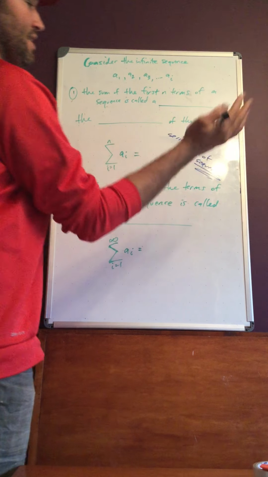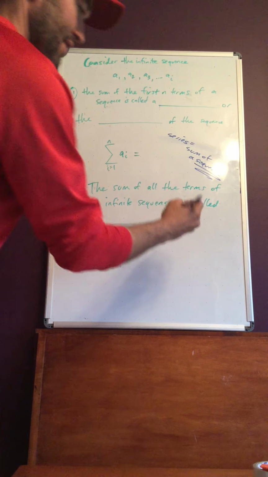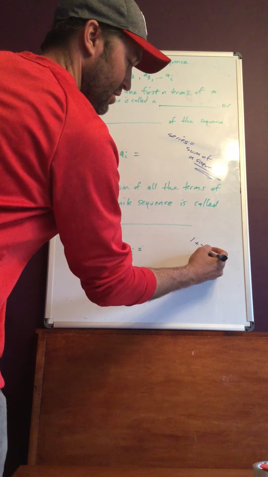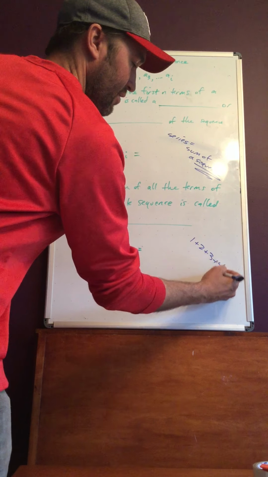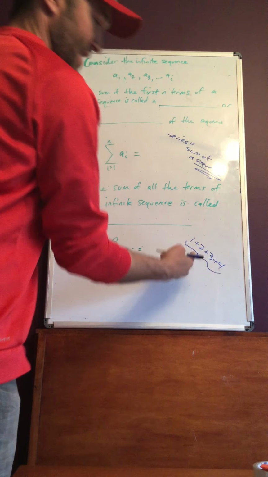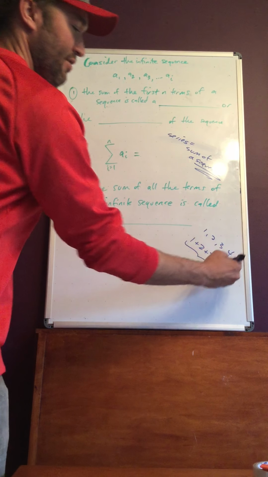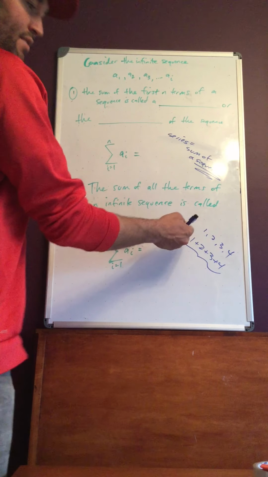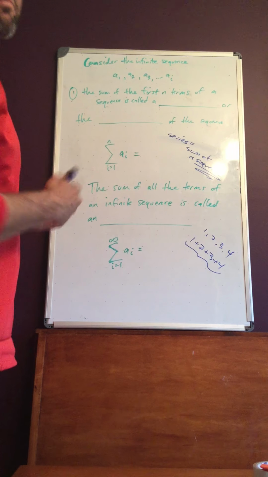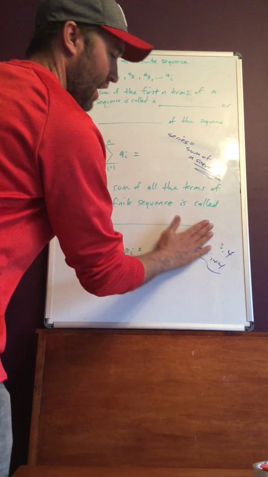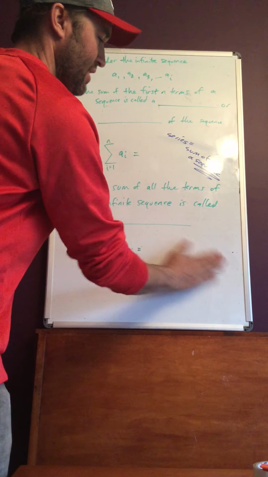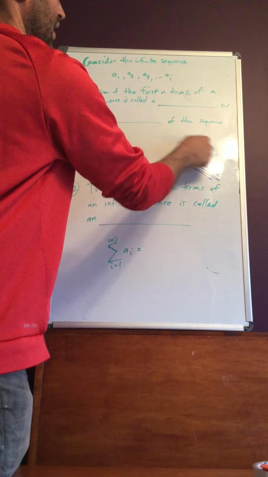So a sequence is just a bunch of numbers like 1, 2, 3, 4. If you add a sequence together, you get a series. So not terrible here. So let's define some things for you.